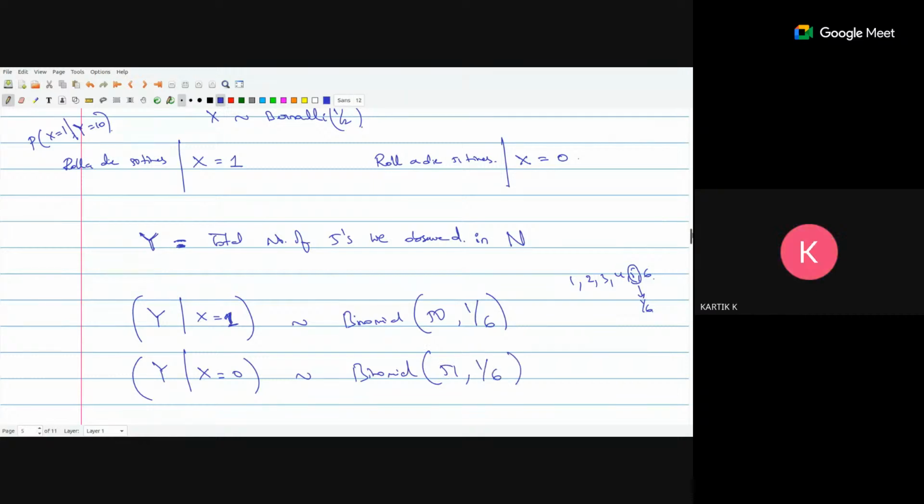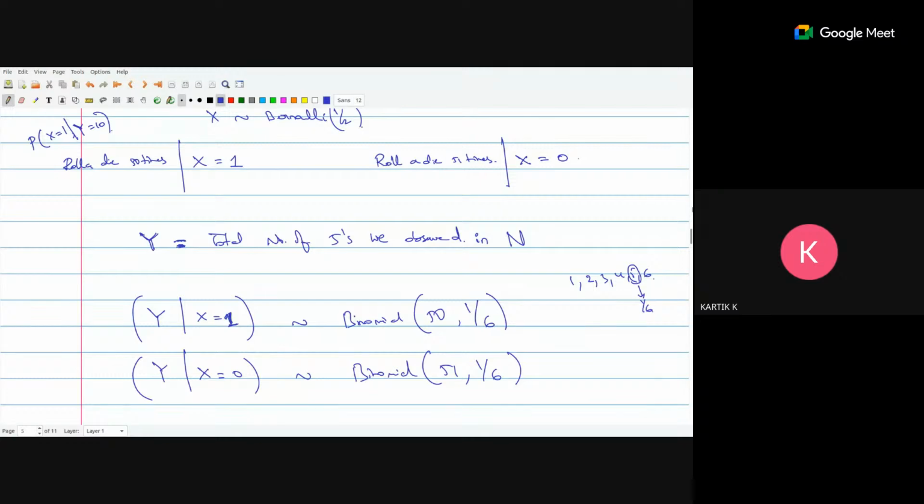Quick question on this. Say x is a random variable which is either 1 or 0 based on the toss, and y is a random variable which takes the total number of 5s.